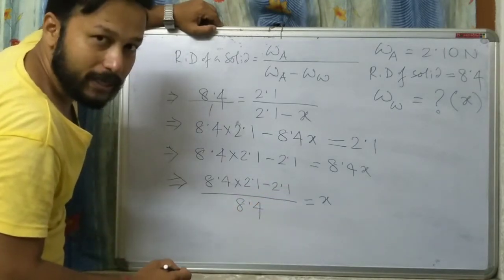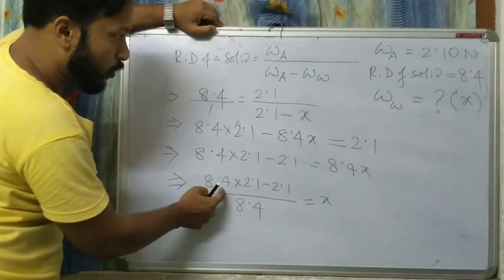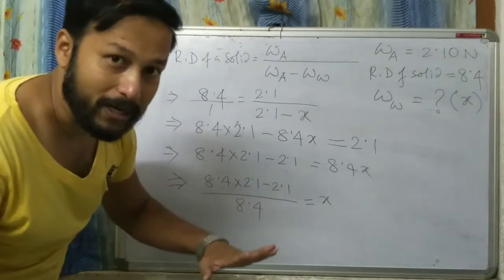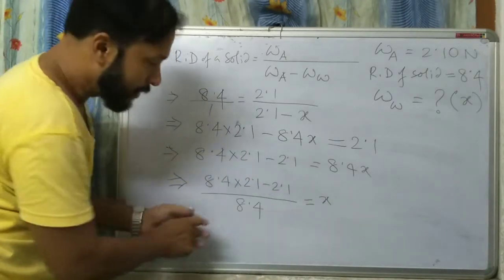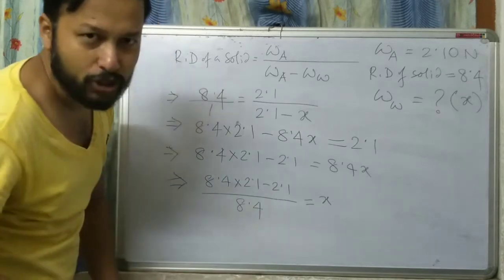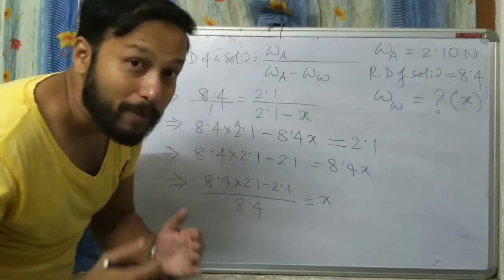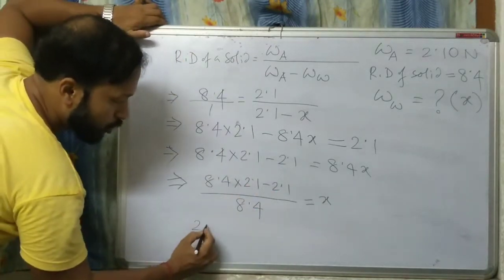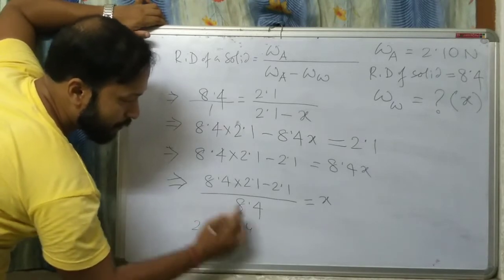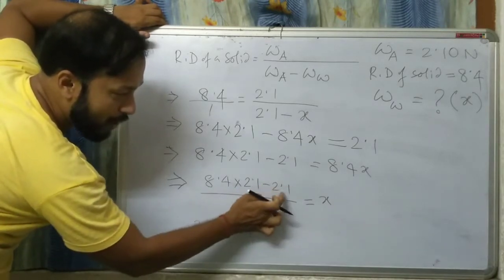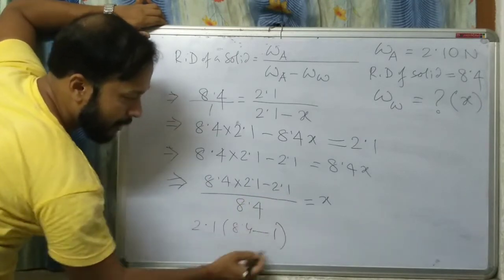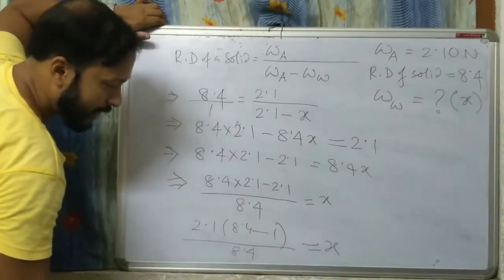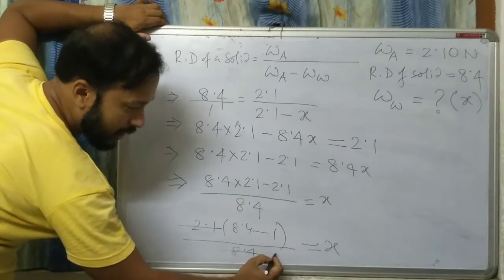Now see, from these two we can take common this 2.1. You can multiply this, no problem, then you can subtract. That's not a problem. But to make it easier, I am doing it without multiplication. I am taking common 2.1. So 8.4 minus, if you take 2.1 from here, what is left? 1, by 8.4 equals x. So 2.1 by 8.4 is 1 by 4.